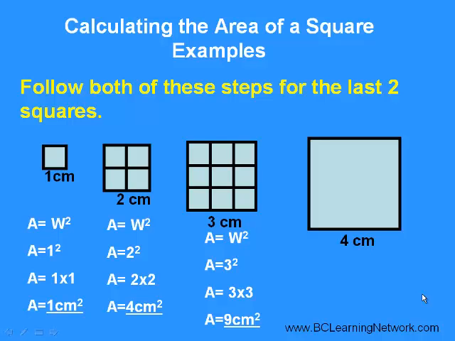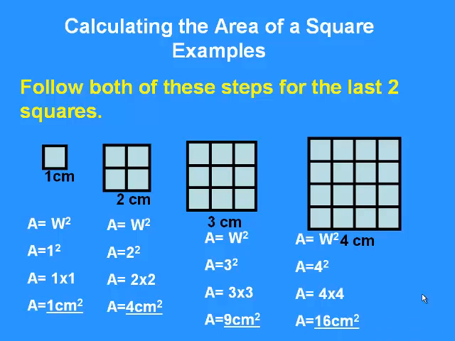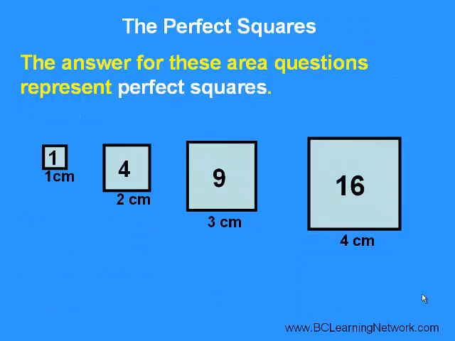Finally, our fourth square would accommodate 16 unit squares, and this is confirmed in our area formula with a width of 4 being 4 squared, which is 4 times 4, which is in fact 16 square centimeters. The answers for these area questions, 1, 4, 9, and 16, represent perfect square numbers.